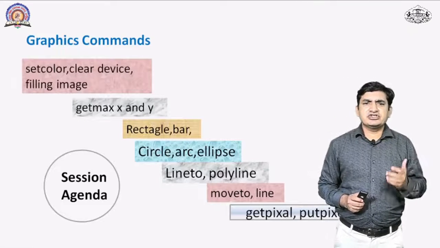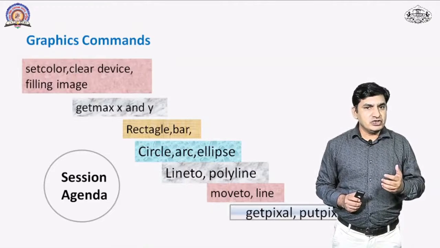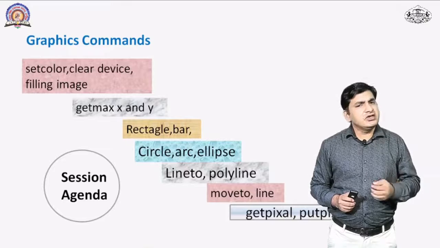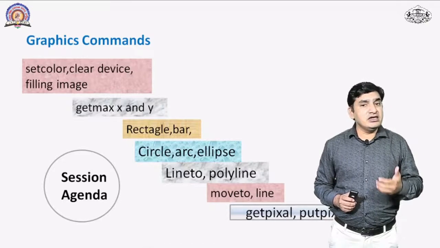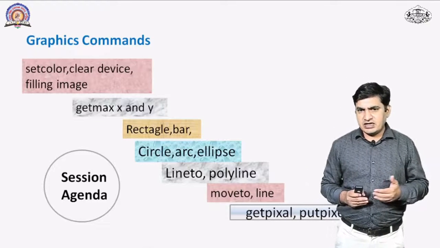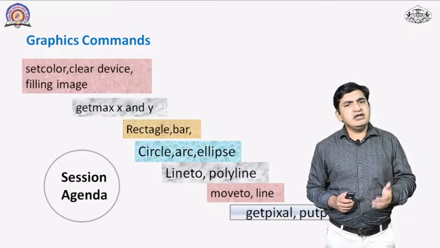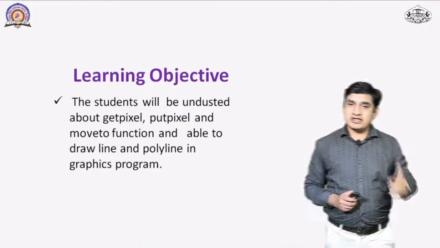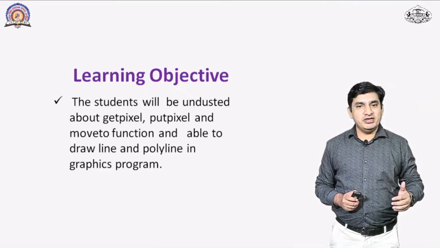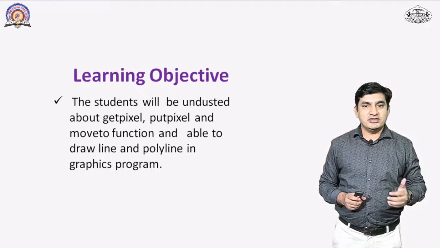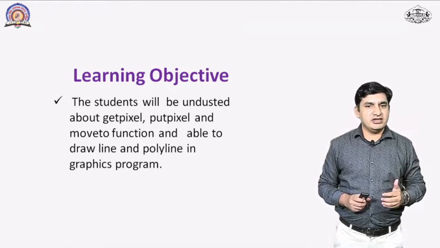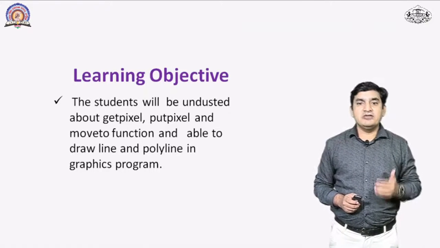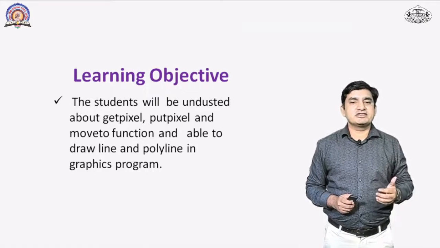Next is setcolor, which is used to set the color of different shapes. We also use cleardevice, which is used to clear the screen, and fill image. After attending this lecture, the student will understand getpixel, putpixel and moveto functions and be able to draw a line and polyline in a graphics program.